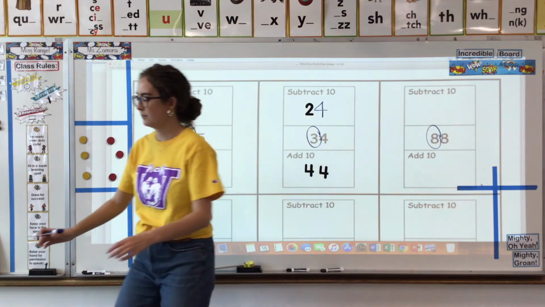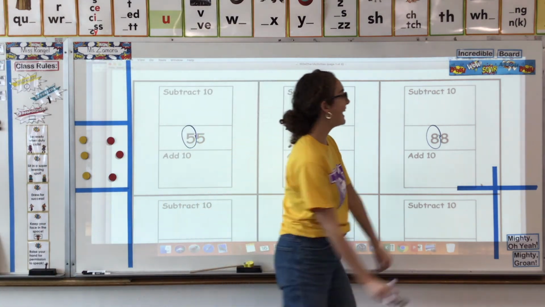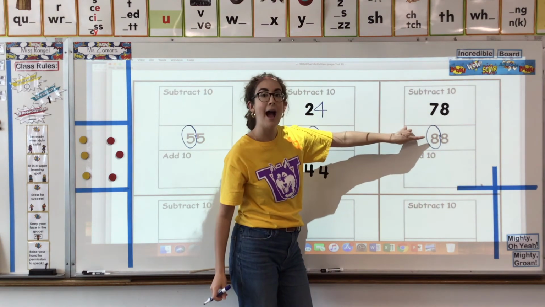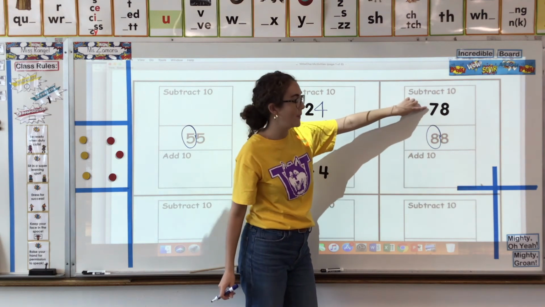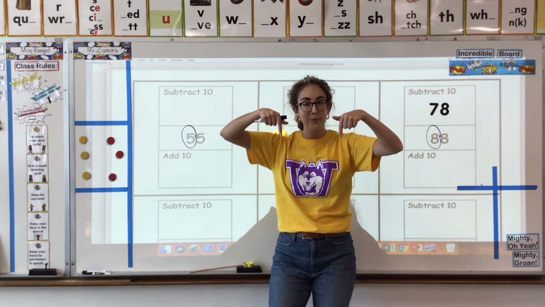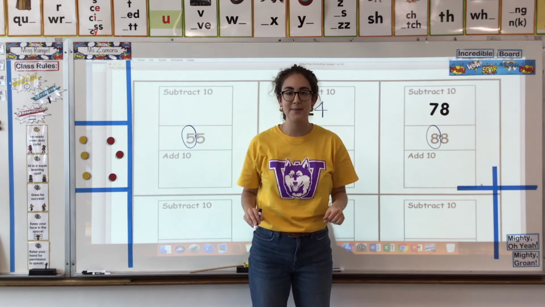What number is that? That is 78 because we went from 8 tens to 7 tens. And that is 1 ten less.